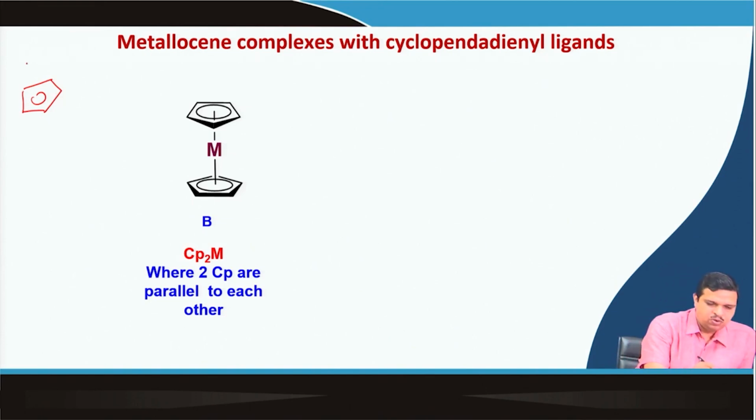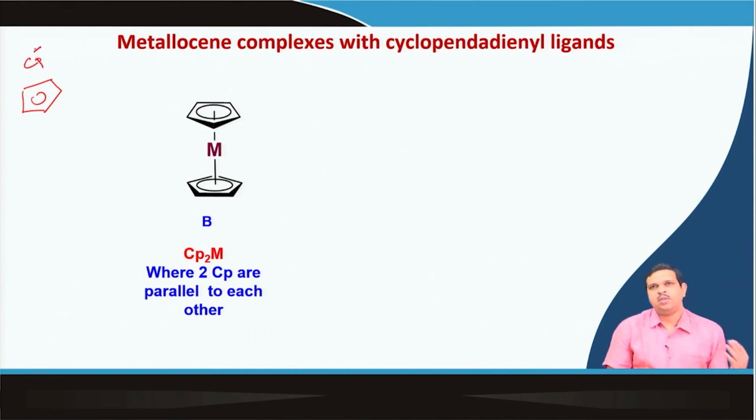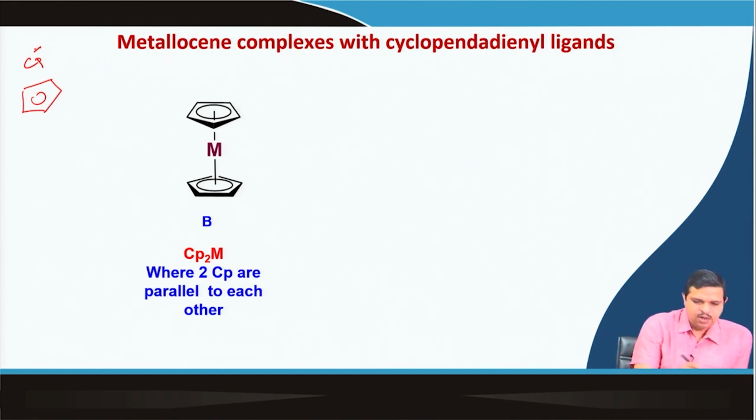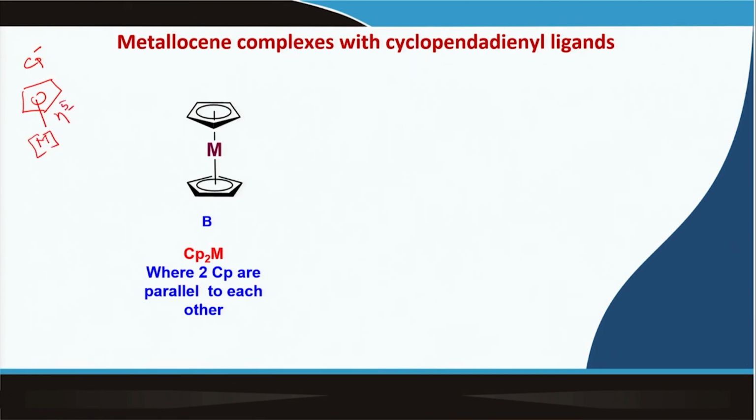It is a Cp minus because it is synthesized from CpH, and if you put a base, then you get the Cp minus, a 6 electron donor, and it makes a bond like this, and this is called the eta 5 mode.